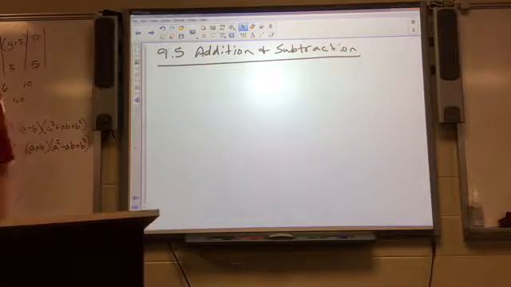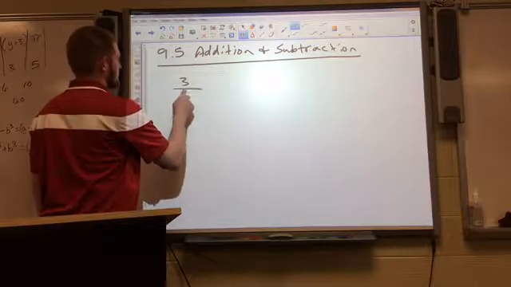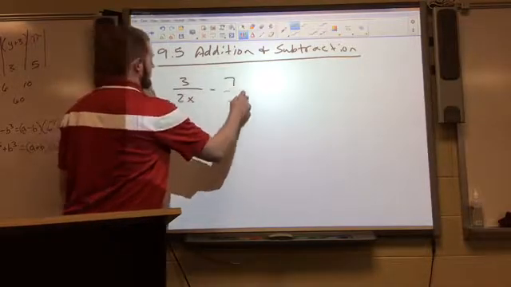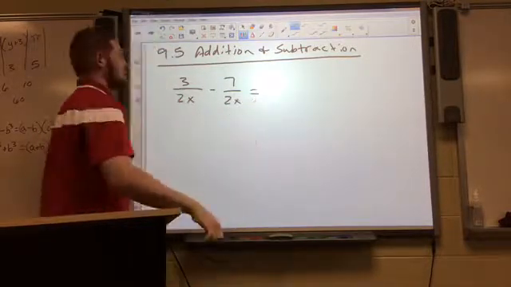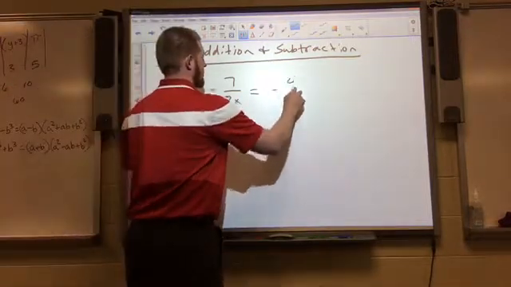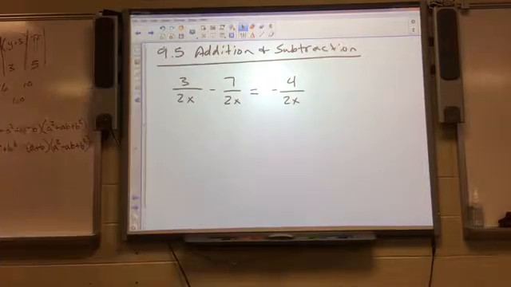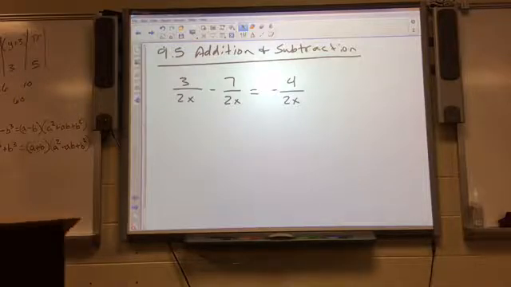Okay. So, the first couple we already have a common denominator. So if I have 3 over 2x minus 7 over 2x, what is this? Negative 4 over 2x. Again, not bad if the denominator is already the same for us.